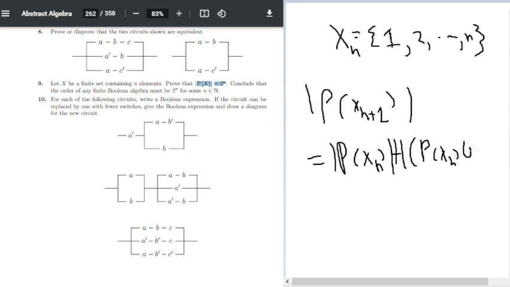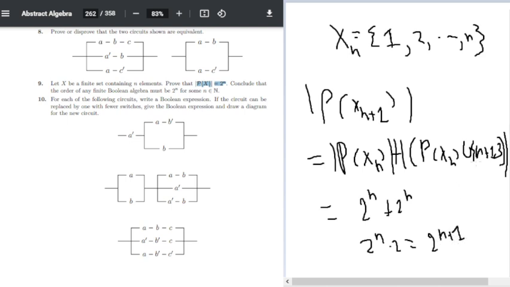P(X_n) union n plus 1 represents n plus 1 being added to every element of that. Oh gosh, horrible spacing. There we go. Which is equal to 2 to the n plus 2 to the n. So we have 2 to the n times 2 equals 2 to the n plus 1. And then obviously it's the case for n equals 0, because we just have the empty set. And for n equals 1, you could also say we just have the empty set in 1. So you can use either of those as the base of the induction.